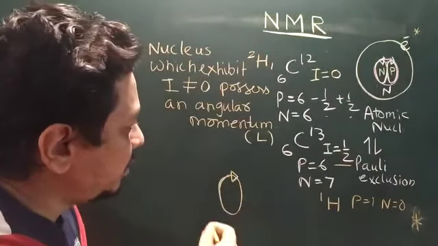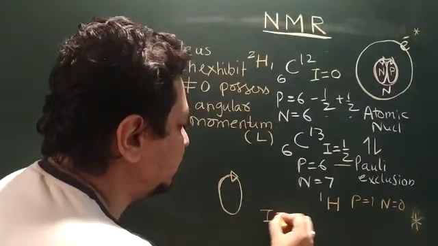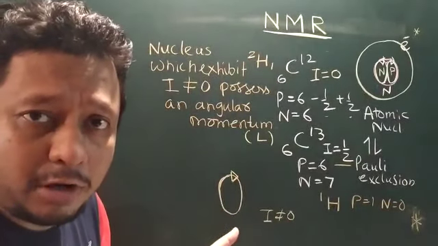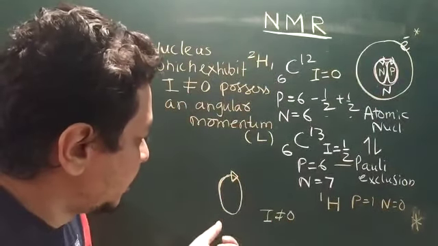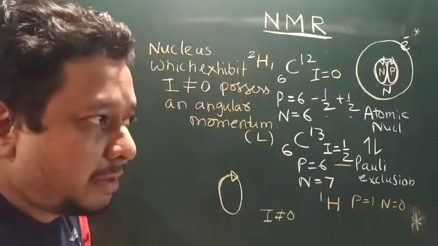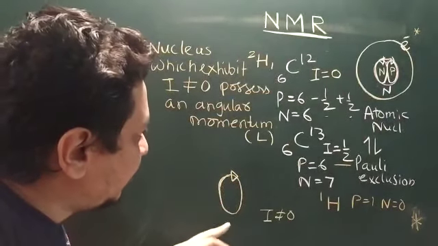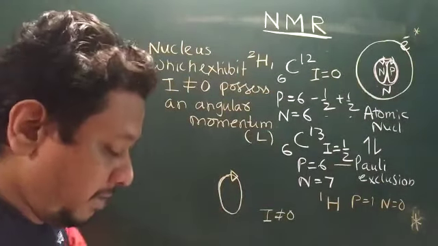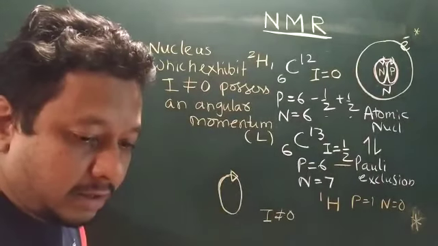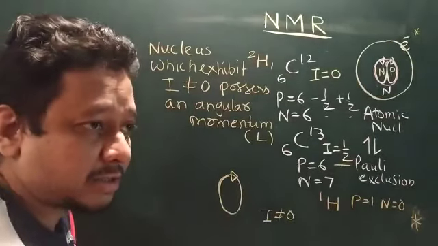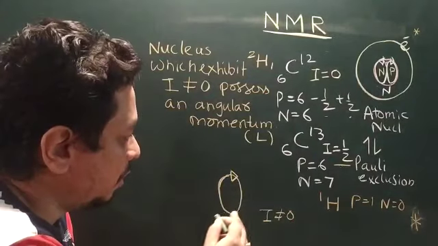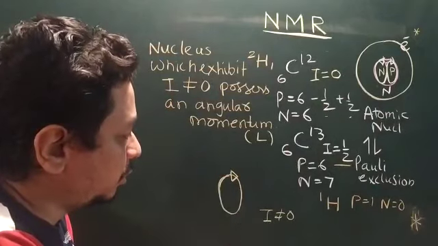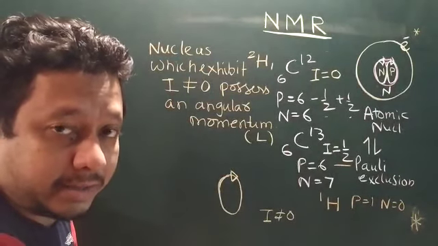Now when a nucleus with spin quantum number not equal to 0 exhibits an angular momentum, that nucleus is very special for nuclear magnetic resonance. Why so? Of course, normally we cannot detect this angular momentum because it is very slow. But due to the angular momentum, it generates another property in the nucleus. What is that? I have discussed it in my spectroscopy video. Any moving charged body produces a magnetic behavior.